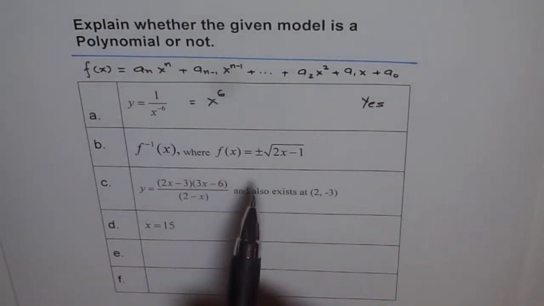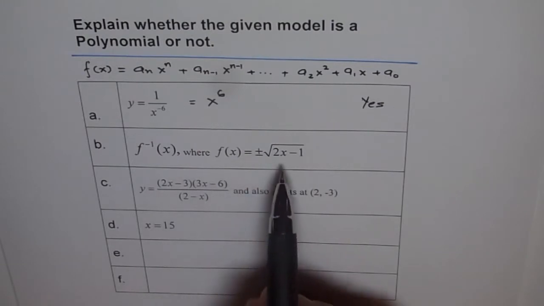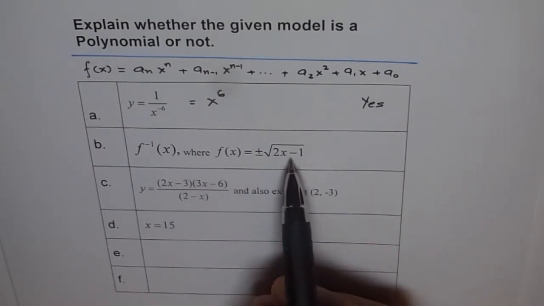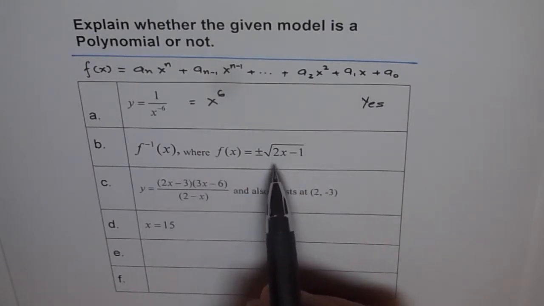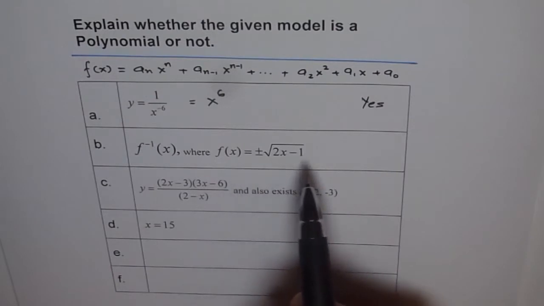Anyway, what is the inverse of this? You have to look into whether that model is a polynomial or not. So let's find the inverse. We can find the inverse by reverse calculation. You remember my video on finding the inverse by reading your equation backwards and doing the reverse operation.